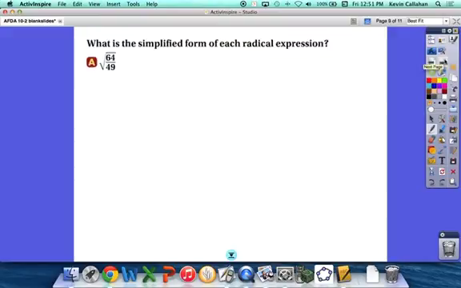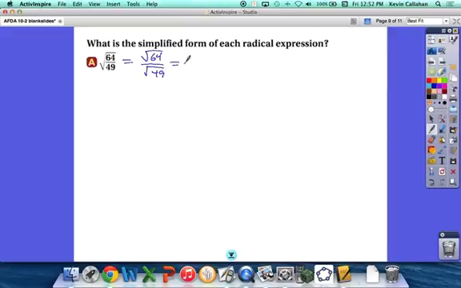For example, the square root of 64 over the square root of 49. You should look at those numbers right away and say, those are perfect squares. In fact, at that point, you could probably simplify this in one step. Now, they showed another step in between.